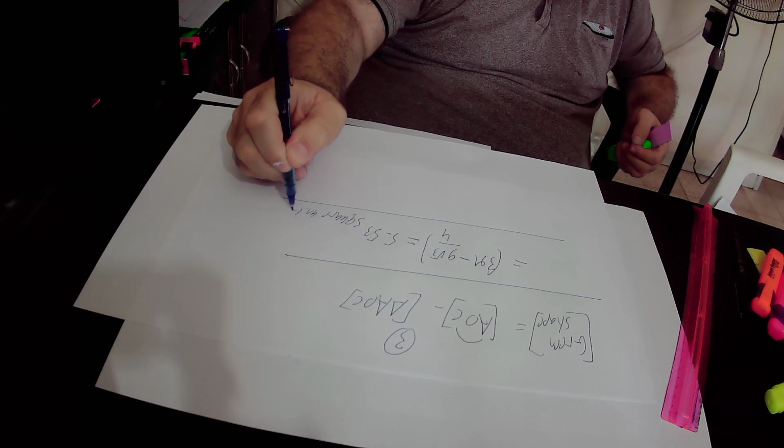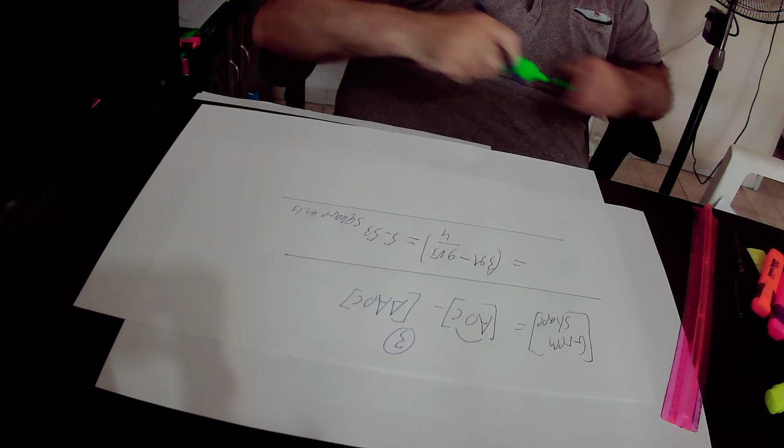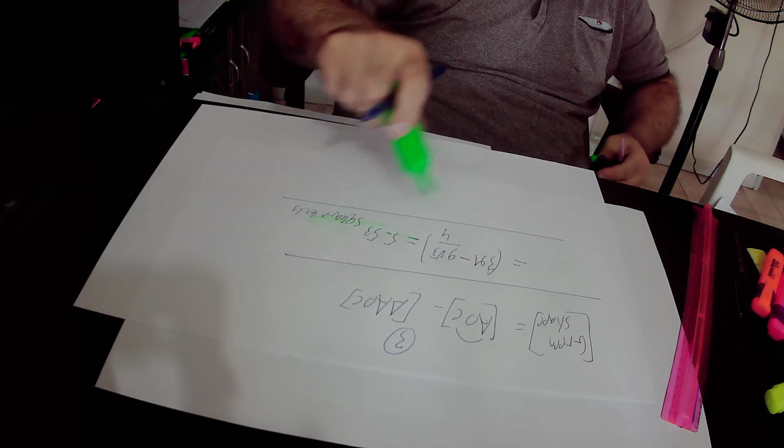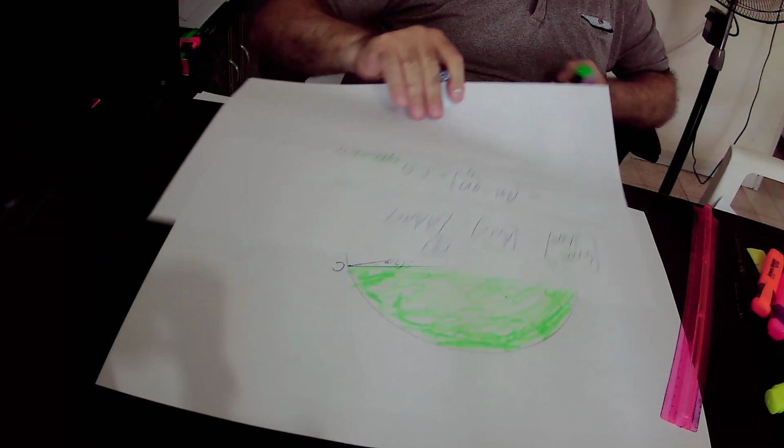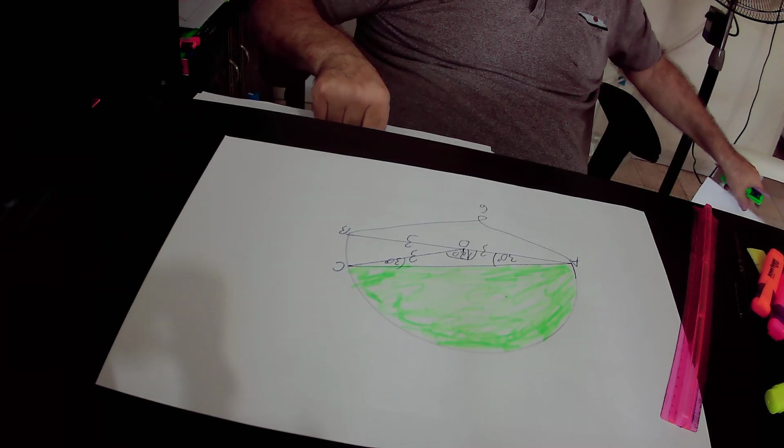We finish with the first method. In the next step, I present to you how to find out the area of this green shape according to the second method.